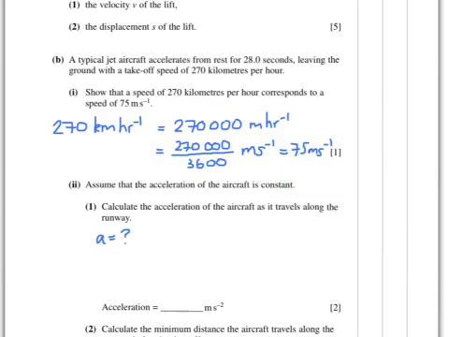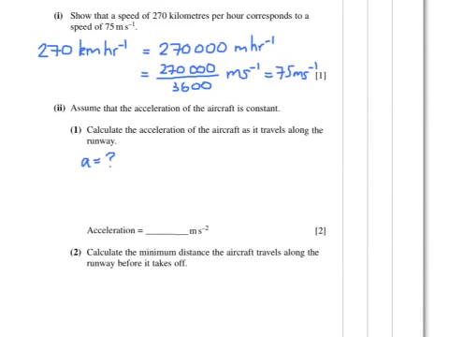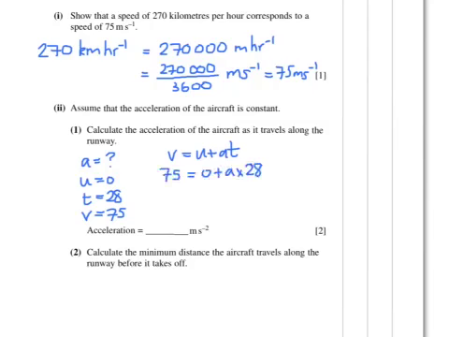So we write all of that down, and this is going to use an equation of motion. We've got a, u, v and t, so v equals u plus at, and put the numbers in. So 28a is 75, so what then will 1a be? a works out to be 2.68.